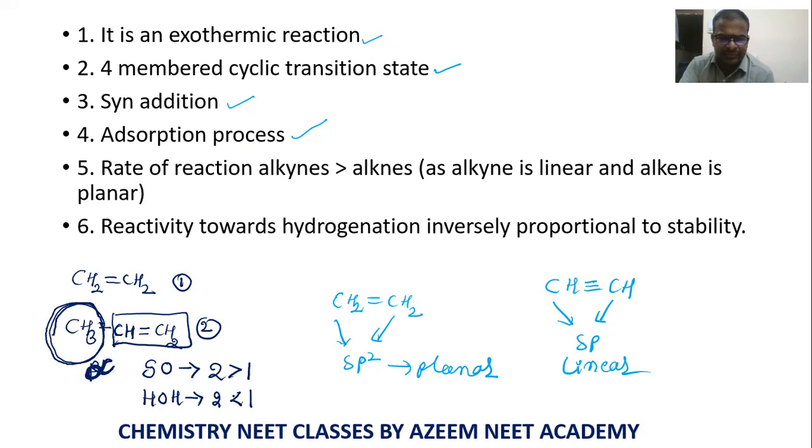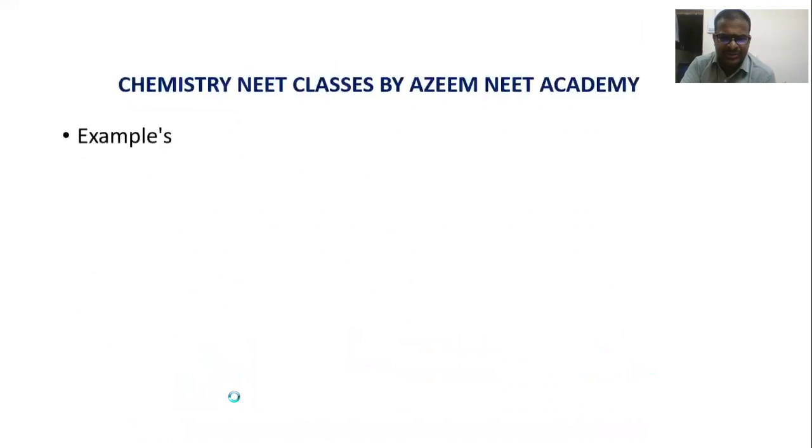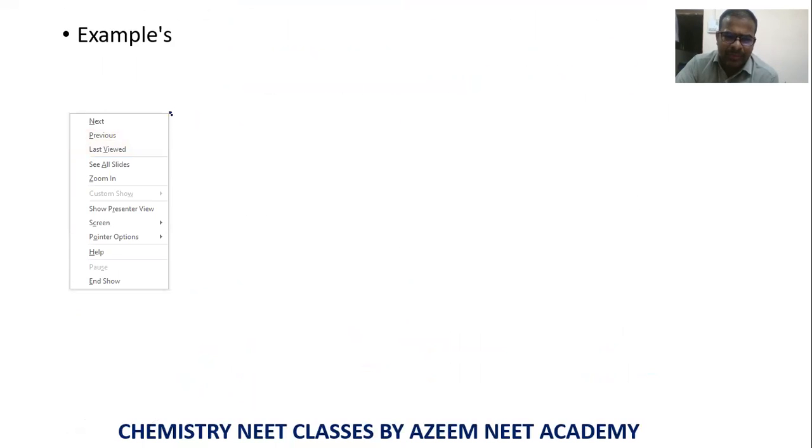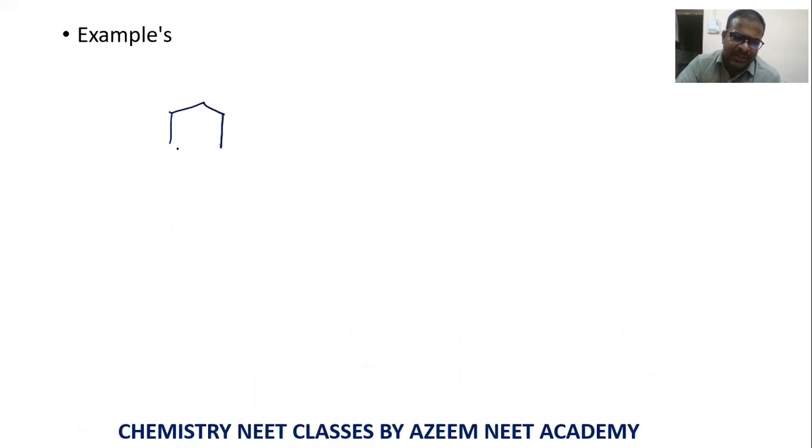Now we will see some more examples saying what is cis addition, what is syn addition, how we can write. I'll give you a simple cyclic compound which you can easily remember. Suppose I'm giving you this example. This is an alkene, students.